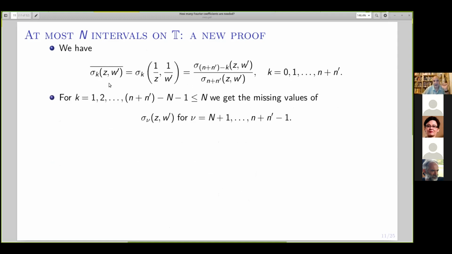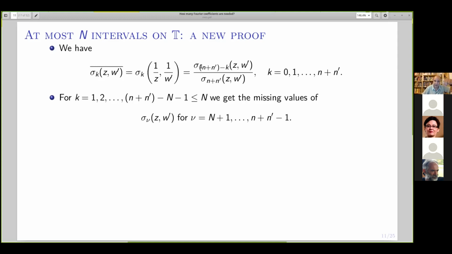And how do we do this? We remember that our numbers are unimodular. Therefore, the conjugate of the sigma k is just sigma k of this. And we reorder things here a little bit, and we get this easy identity where the denominator is that top symmetric function, which we know is the same for the prime case and not. And on the top, we can use k equals 0, 1, and so on to descend from n plus n prime to n plus n prime minus 1, in which case you would have sigma 1 here, which is known, and this is also known.